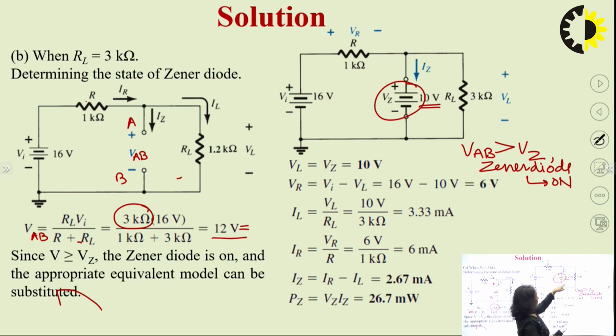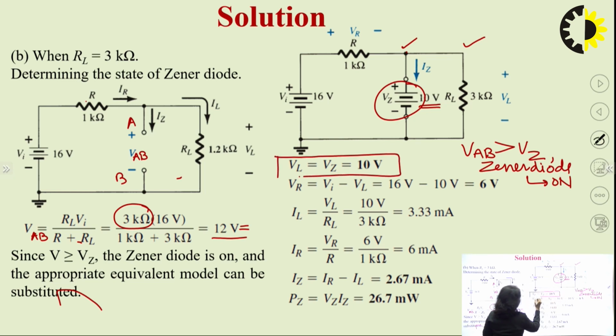So, the Zener diode will be replaced by a battery of VZ. Because this arm is in parallel, this VZ comes in parallel with the VL. And we know that in parallel the value of the voltage remains the same. So, that's the reason your VL will be equal to VZ, that is 10 volts.